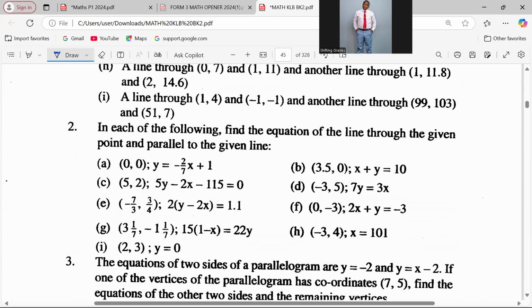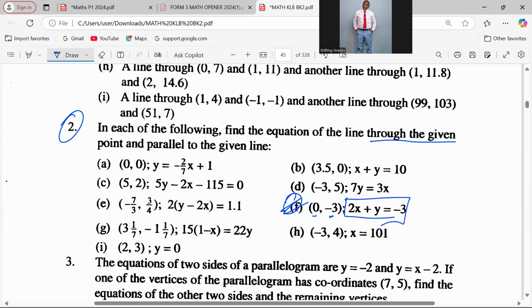The commonly tested format of this particular concept is now in question 2. In each of the following, find the equation of the line through the given point and parallel to the given line. Let me choose this one, F. A line passing through 0, negative 3, and parallel to this line.